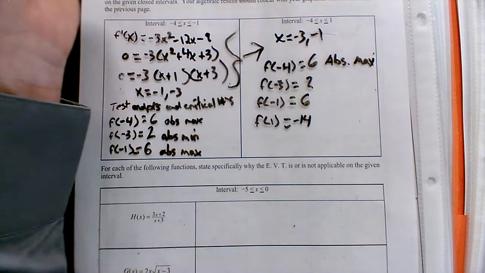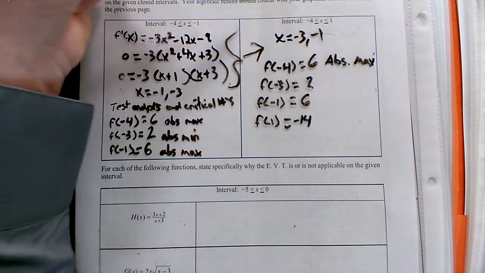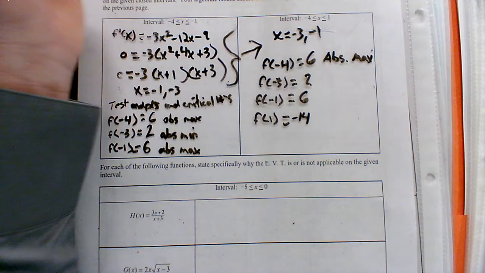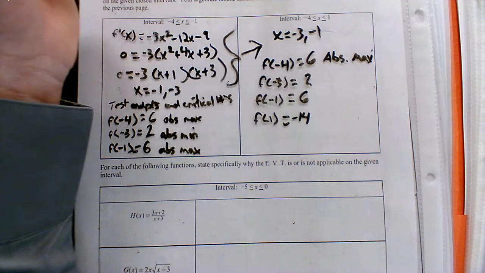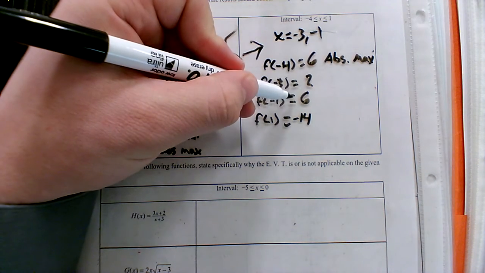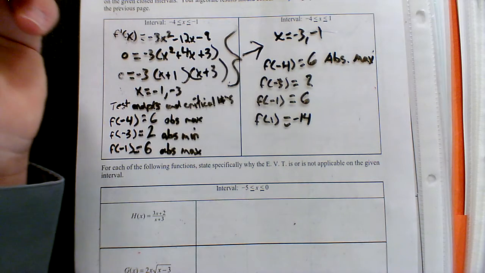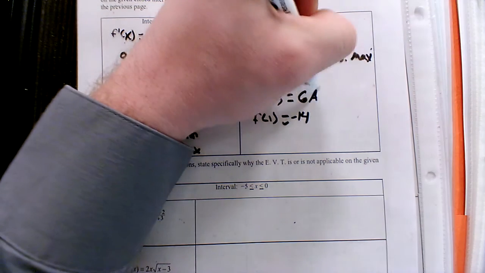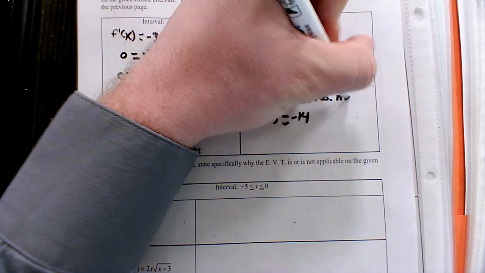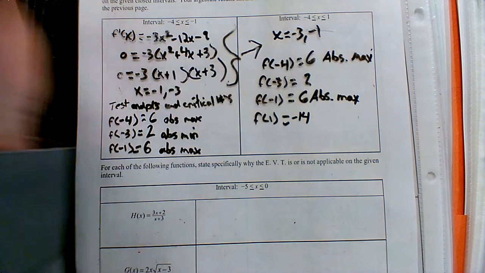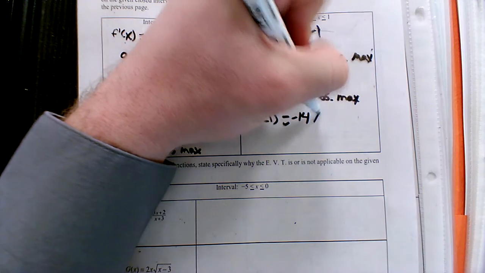So it's not the highest, it's not the lowest, so they're just asking for absolute extrema. Yes, it's a relative, but we're not even going to label it because they're asking specifically for the absolutes. So that is neither. This one here, f of negative 1. Absolute max again. And f of 1, negative 14 is your what? Absolute min.